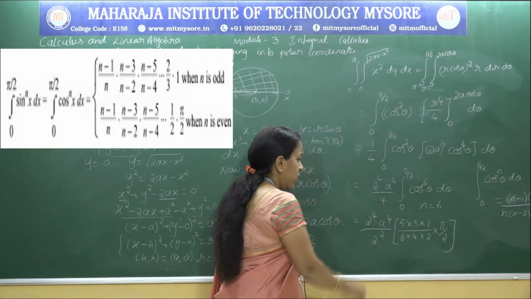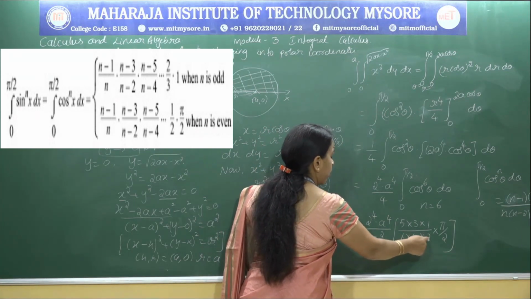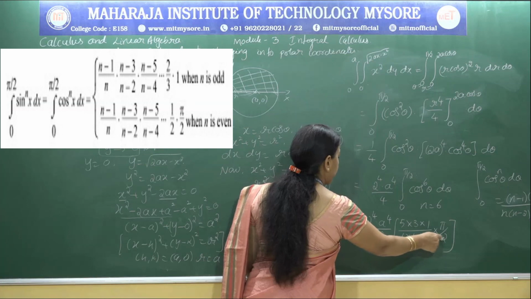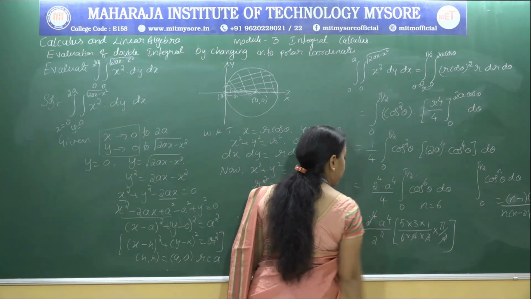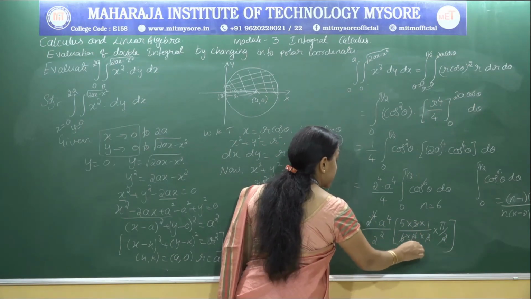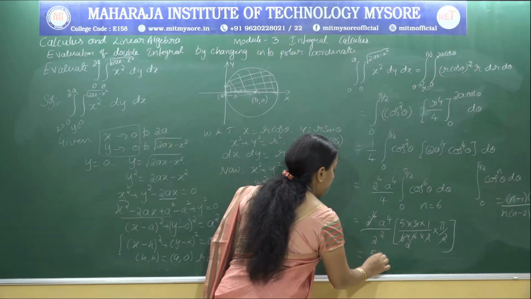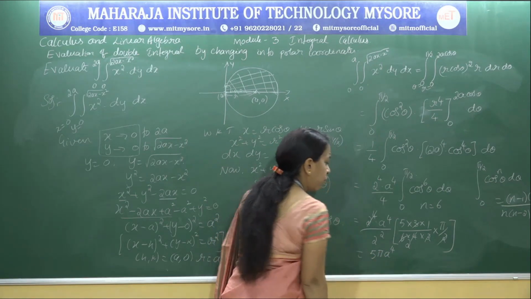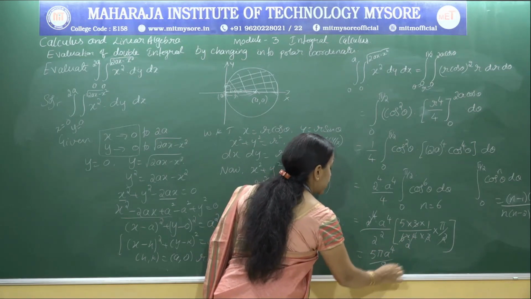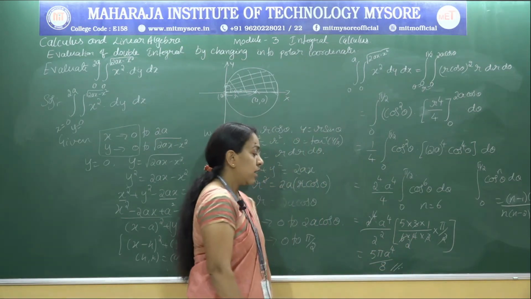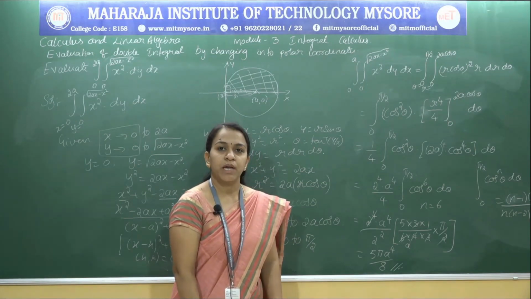So now simplify this, 2 power 4 we have, so here we have 2 power 2, 2 power 1, 2 power 1, that means 2, 3, 4, I can cancel 2 power 4 and we can cancel 3 ones are 3 twos are, so the remaining result is 5 times pi into a to the power of 4 by 2 power 2, 2 power 1, which is nothing but 2 cube is 8. So the required result is 5 pi a to the power of 4 by 8.